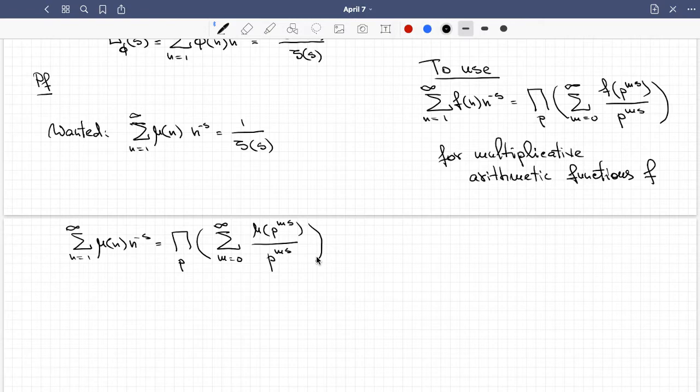Oh, what do we remember about the function mu? Sorry, too many typos. This is a typo: it is p to the m, not p to the ms, of course, because f of p to the ms does not define the domain of our arithmetic function f.